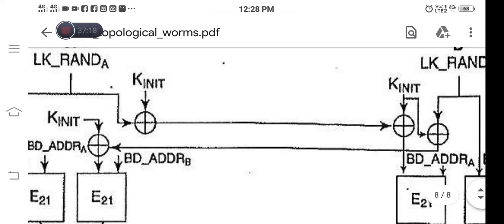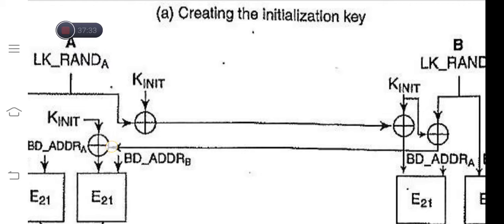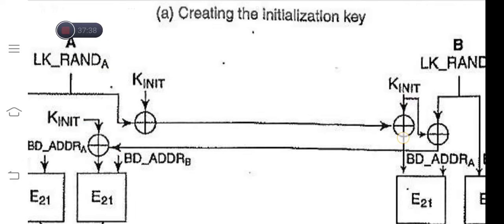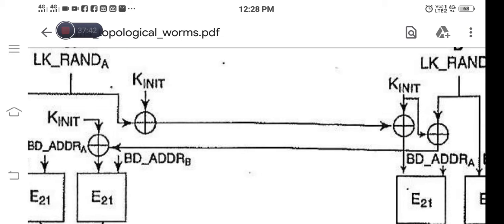The output of the XOR operation of K init and the random number at the particular device is given as input to this XOR operation, and that is XORed with K init again. The output of this second XOR operation is given as input to the encryption algorithm E21.